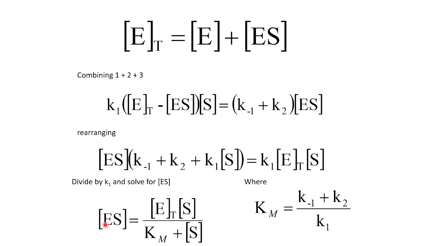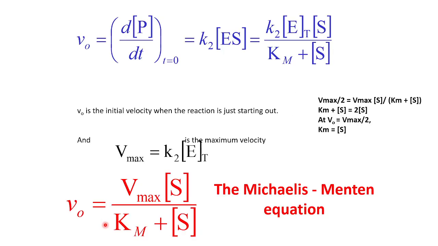So Km is equal to K minus 1 plus K2 by K1. Then V naught, the rate of product formation, is equal to K2 times ES, which we write by adding the K2 here.